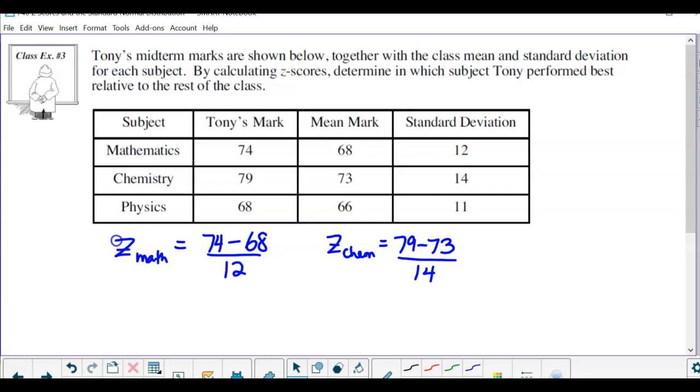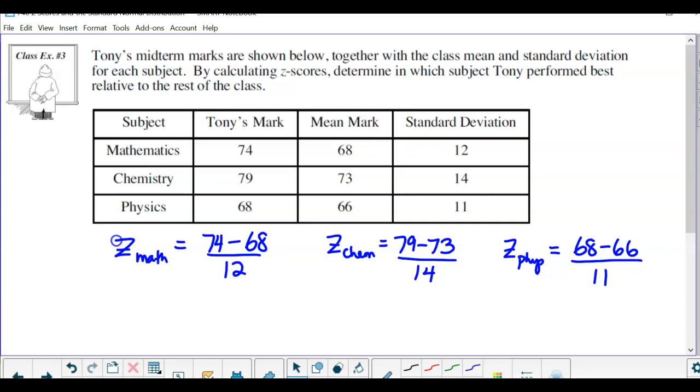And physics, scored just above the mean. Smaller standard deviation, but likely not enough smaller. So these were 6 apart, right?